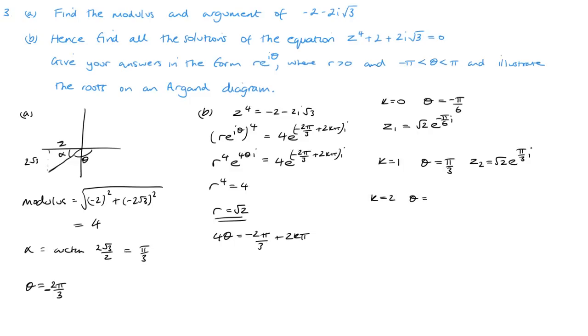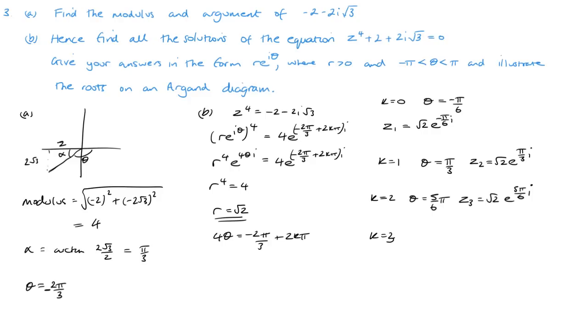k equals 2. So when k equals 2, that means I'm doing minus 2/3 pi plus 4 pi, which is 10/3 pi, which is too big, isn't it? Oh, I haven't divided by 4. Divide by 4, which is 5/6 pi. There we are, it's not too big. So this is root 2 e to the 5 pi by 6 i.